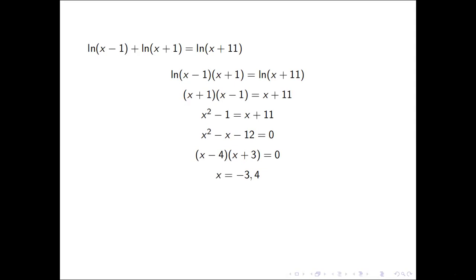Why did I say at the most? Because for logarithmic equations, not all solutions found using the technique are solutions. Some are extra or extraneous solutions. Why? Because the logarithm is only defined when the number inside is positive. You can check on your calculator, but if you evaluate the logarithm of a negative number, it's not defined.